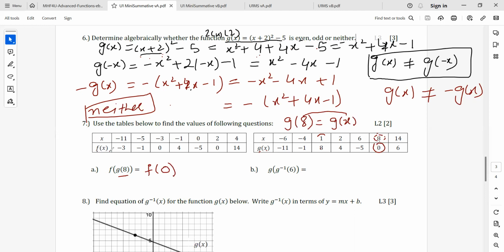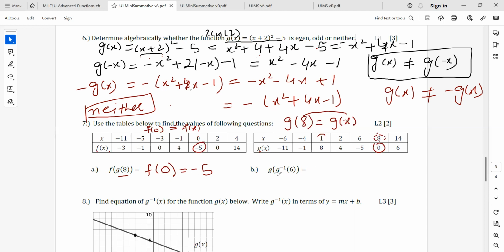Now what is f of 0? f of 0 means f of x where x is equal to 0, which is negative 5. Do you get it or not? Yes, I'm getting it now.